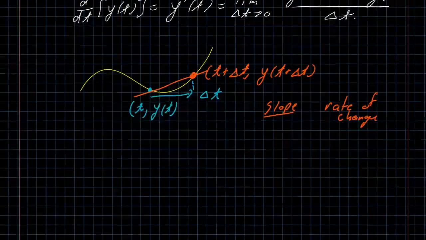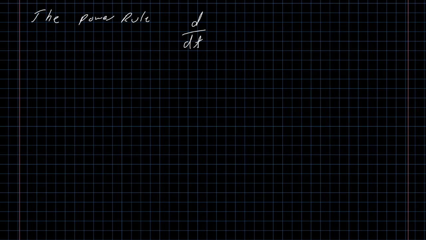When it comes to derivatives, there are a few differentiation rules that you should be very familiar with already. In calculus, you get a lot of mileage out of the power rule, which says that the derivative of something raised to a constant power n is n times that same thing raised to the n minus 1 power.